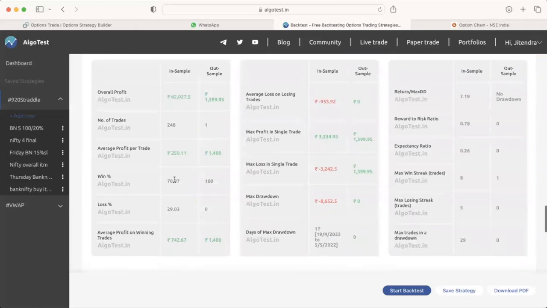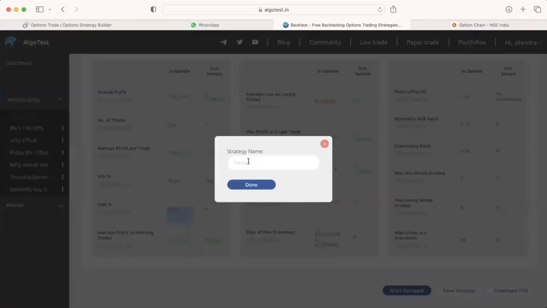Win rate is 70. The average profit per day is very low. Max profit 3,300, max loss 3,200. And so even though the losing days are in our favor, still we will save this strategy as 29th March.